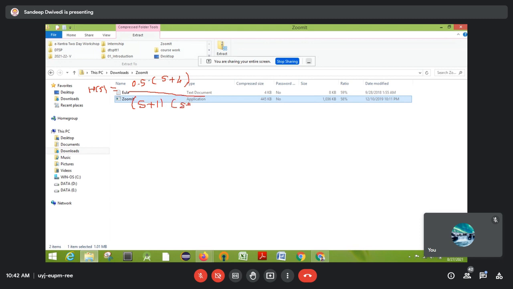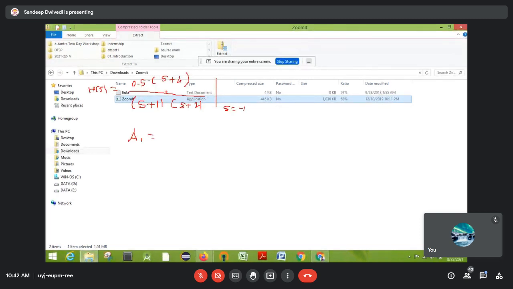So here, to find A1, you need to write this as it is, multiply by (s plus 1), and evaluate at s equal to minus 1.